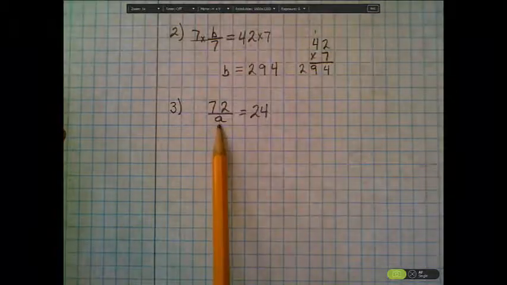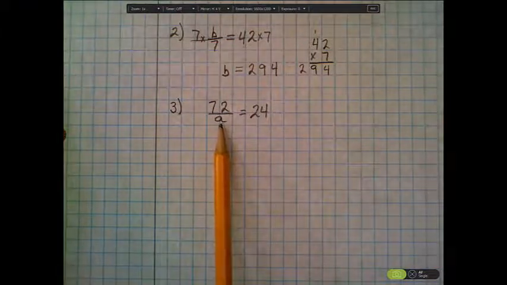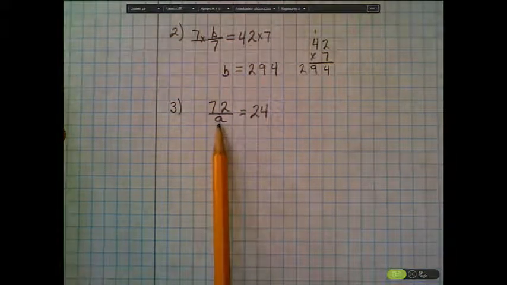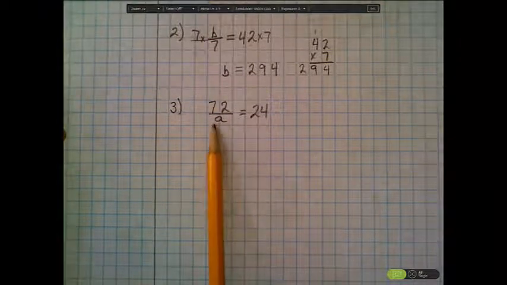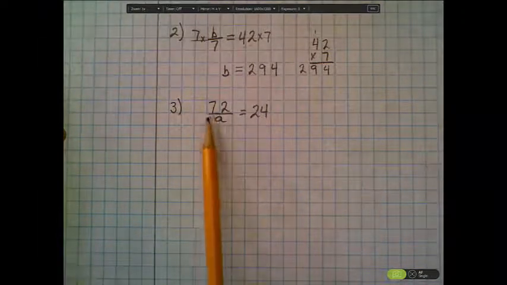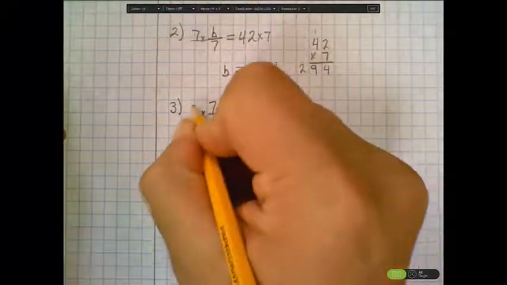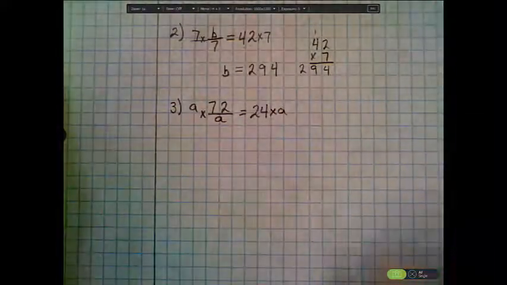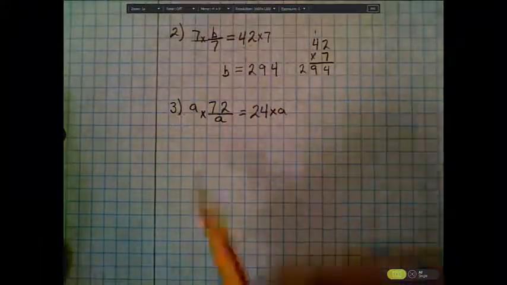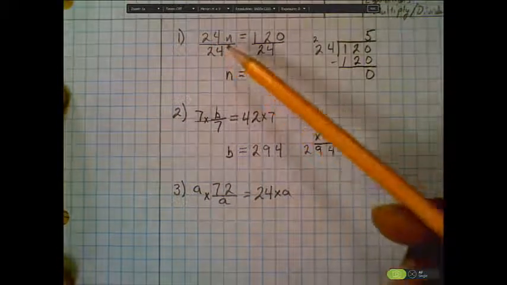Alright, so when they have the variable on the bottom of the fraction bar, it's going to be a two-step problem. So the first step, we're going to multiply both sides by a. We want to get this a off of the bottom of the fraction. Again, just like above, in all of these examples, when we had 24 over 24, that equaled 1.